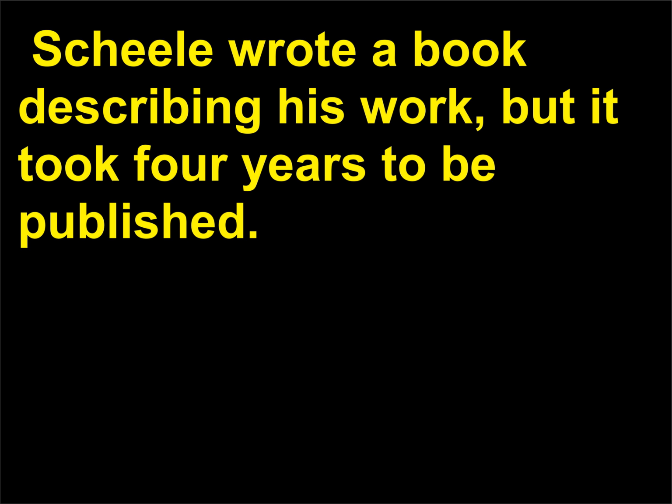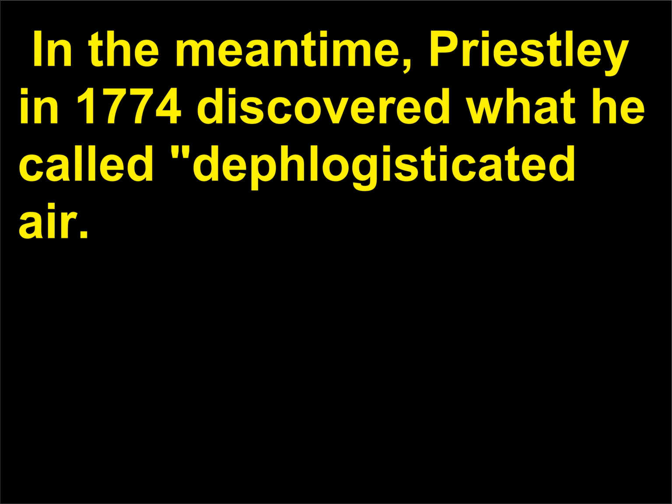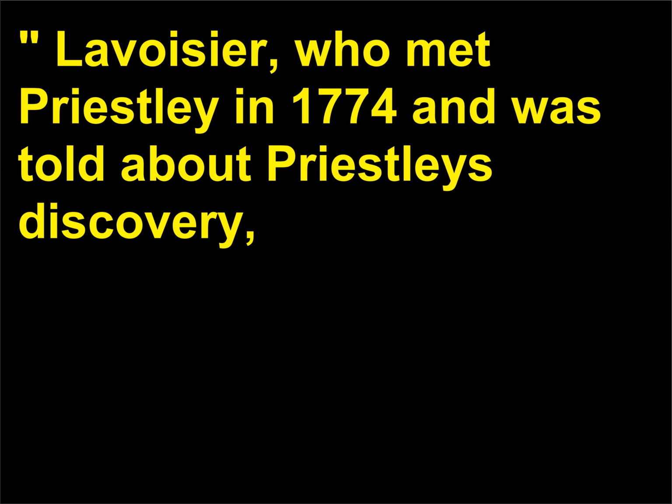Scheele wrote a book describing his work, but it took 4 years to be published. In the meantime, Priestley in 1774 discovered what he called dephlogisticated air. Lavoisier, who met Priestley in 1774 and was told about Priestley's discovery, claimed to have discovered what he called vital air.